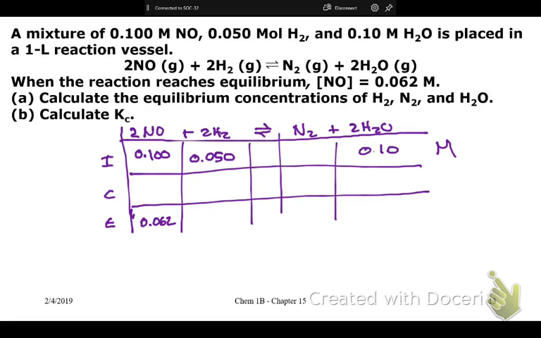Yeah, but if you look at the NO, it starts as 0.1 and it goes to 0.062. So it's going down, right? That's what that's telling me. It has to be going to the right. Even though there are other concentrations put up there, you have data for one that says it has to be going to the right. Which means this arrow is going to be pointing in that direction.